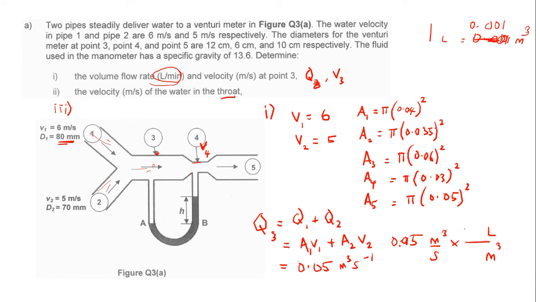So if you want to change meter cube to liter, you times 1000. Right?